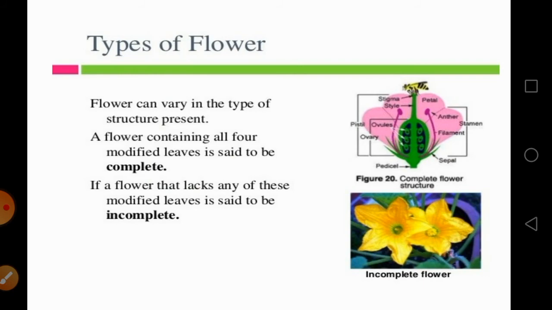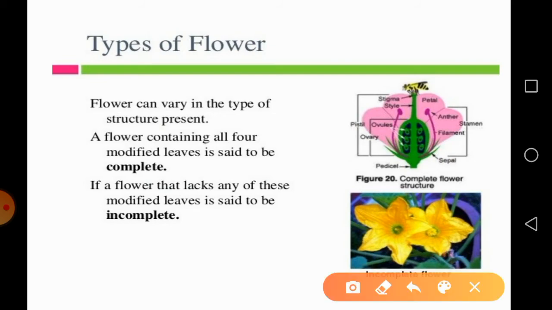The next point is types of flowers. Generally, on the basis of the variation present in the flowering parts, or what type of structure is present in that flower, your flower is divided into two types, that is complete flower and incomplete flower.